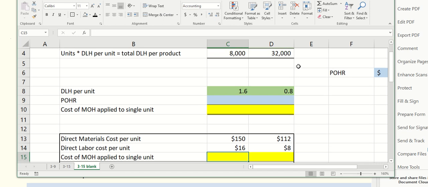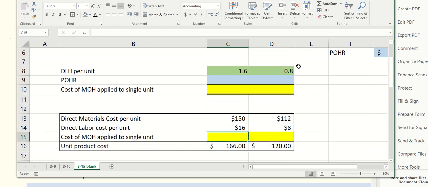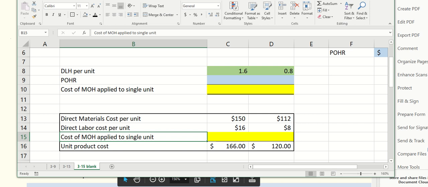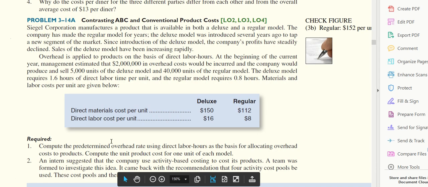But remember that we're trying to fill out this cost sheet, which includes direct material, direct labor, and manufacturing overhead applied for a single unit. In the problem it said a single unit. Compute the predetermined overhead rate. We did that. Compute the unit product cost for one unit.